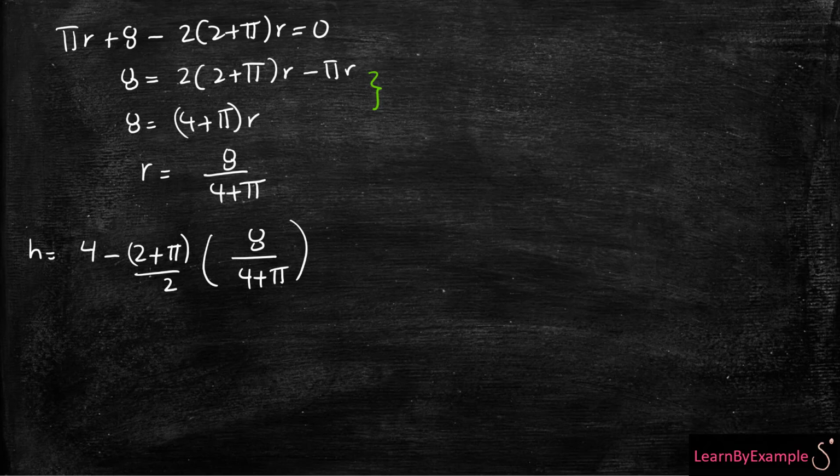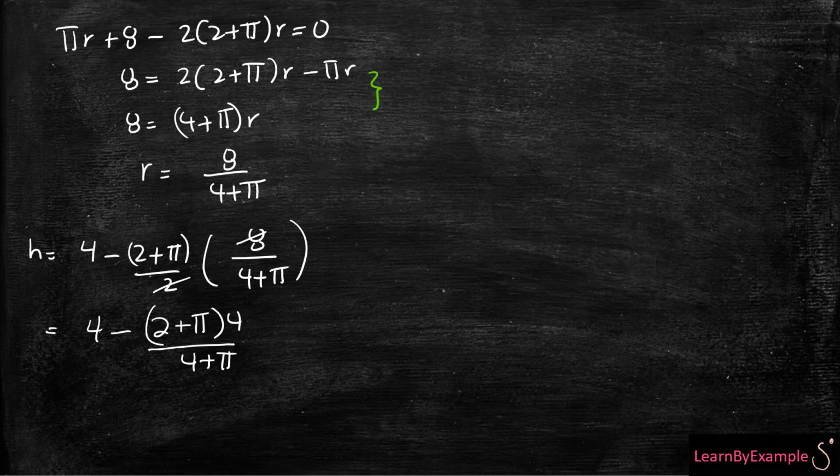Okay? Once you simplify all this, it's actually not so hard to do. I'll do a very quick step here with you guys. So it'll be 2 plus pi. Remember that 2 goes into 8 4 times, so that is going to be multiplied by 4. And then that'll be all over 4 plus pi.